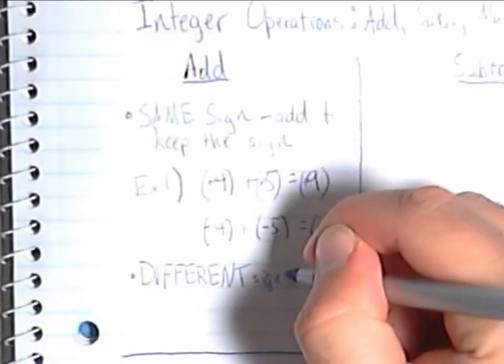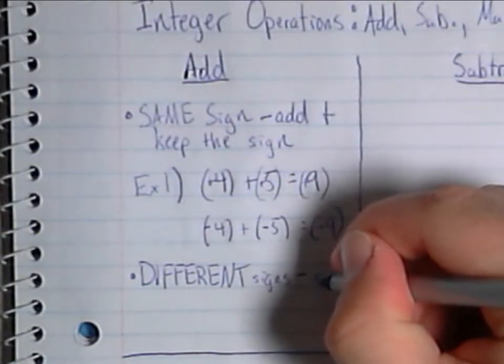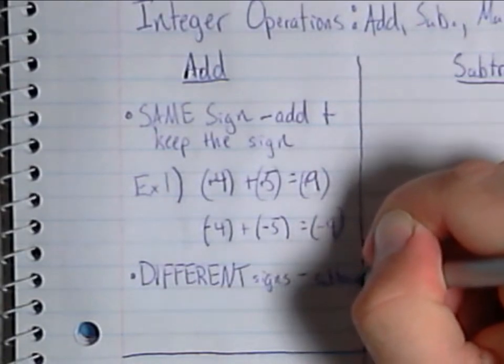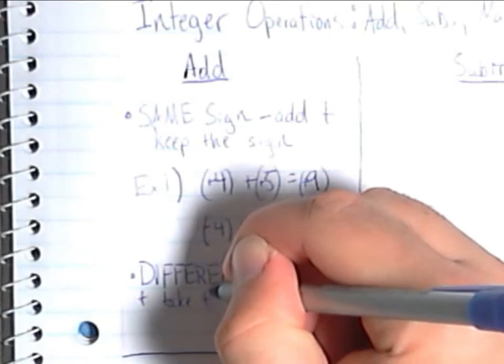The next rule is when we have different signs. When we're adding integers together and the signs are different, the big rule is that you're going to subtract the two numbers and take the sign of the larger number.